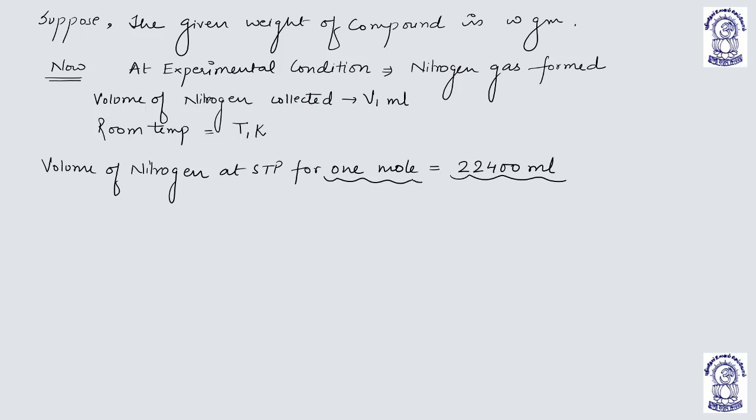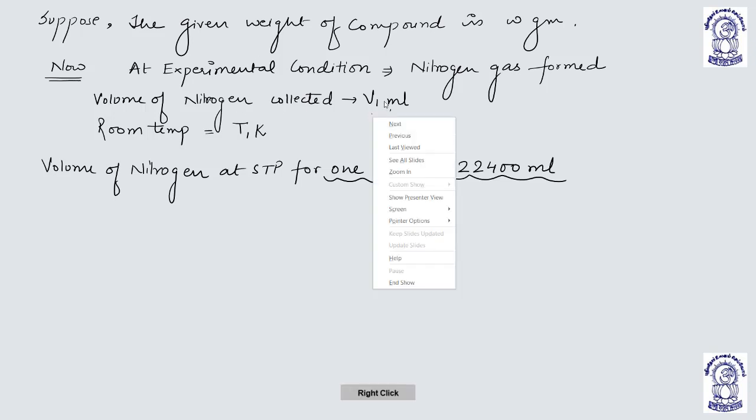But you don't know the number of moles of nitrogen gas which is going to be formed. What you have to do is compare two conditions, the experimental condition and the standard temperature and pressure conditions. As you know, the volume of the nitrogen collected is V1 ml.